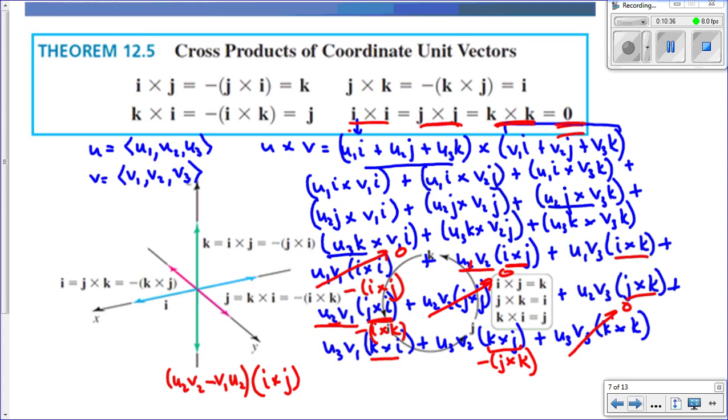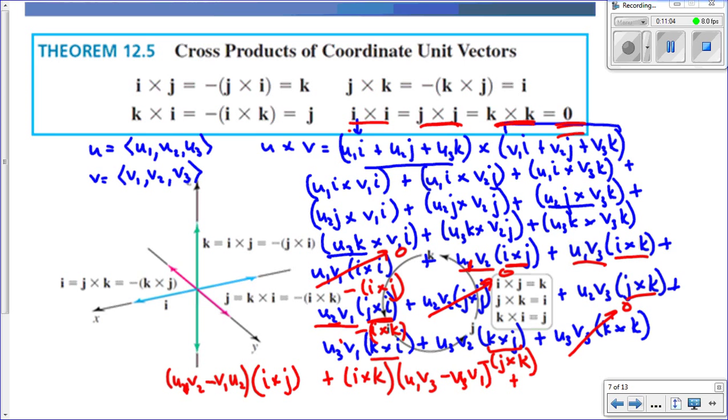Oops, this should have been a 1 here. We have the i cross k. We have a u1 v3, and we have a minus v3 v1 u3, so u3 v1.